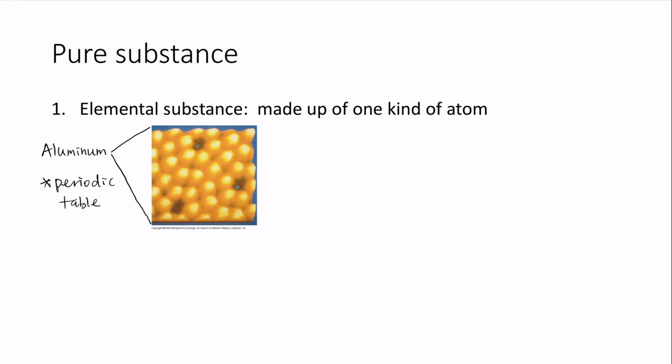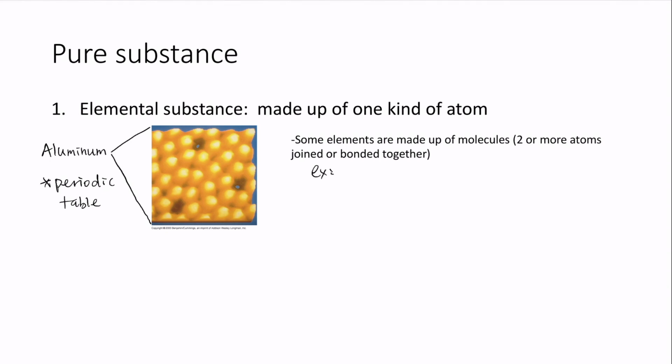In some cases, elements are made up of molecules. When two or more atoms join or bond together, they form molecules. For example, oxygen gas. We write it as O2, or we can put it in another representation.